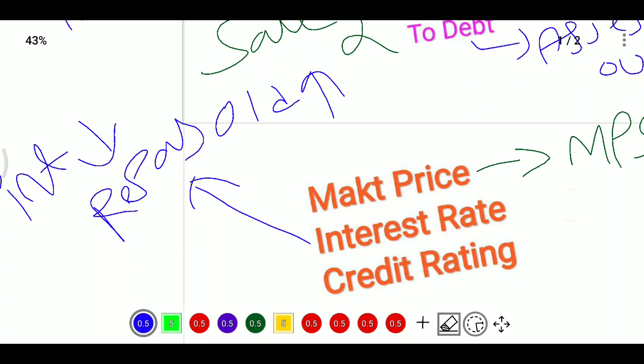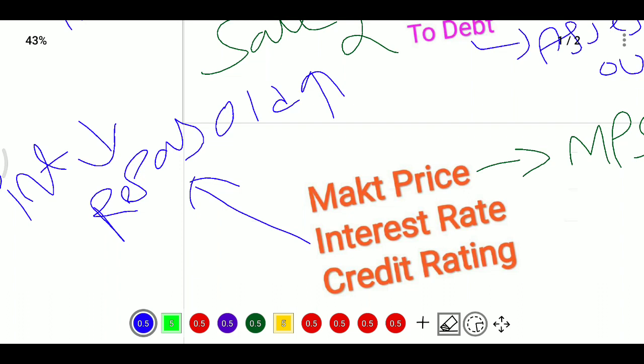When the interest rate decreases on new bonds, and old bonds have a higher interest rate, they will choose the old bond. So demand for old bonds increases, and the price will also increase.